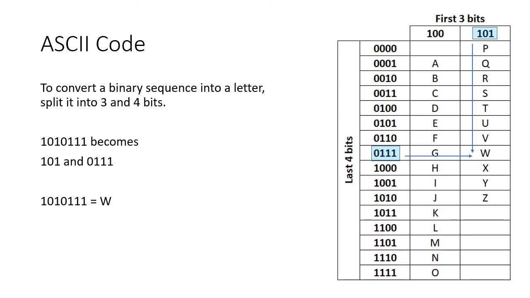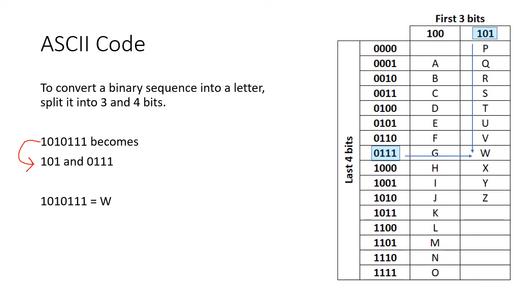Now if we want to work it out the other way and take a binary value and turn that into a letter, again we're going to split that binary number into 3 bits and 4 bits. So you can see the example here, 1010111 becomes 101 and 0111.